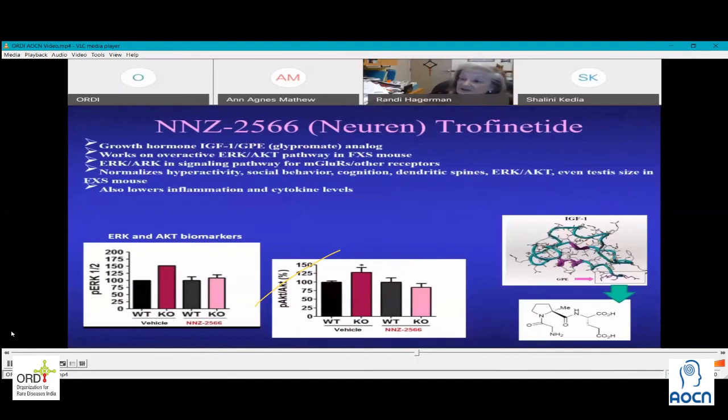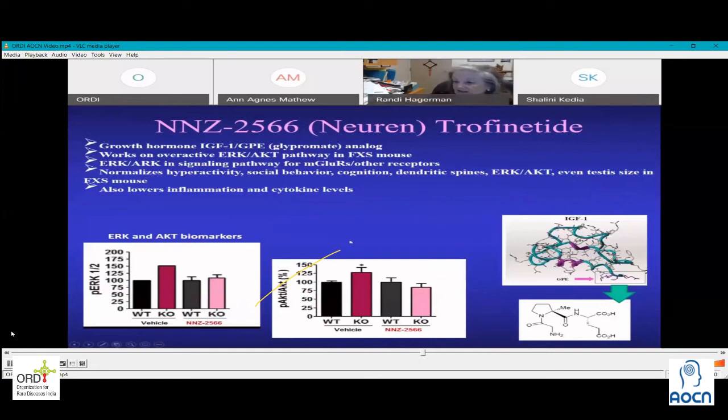Now, I want to switch gears and mention trofinetide, which is an IGF-1 analog, as shown here. Insulin growth factor 1 has a tail on it called GPE, and this is the analog, which is the trofinetide drug.